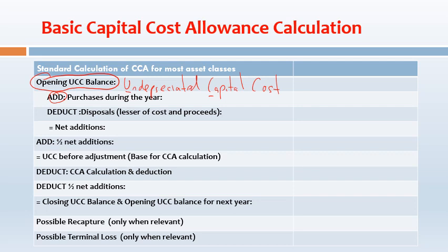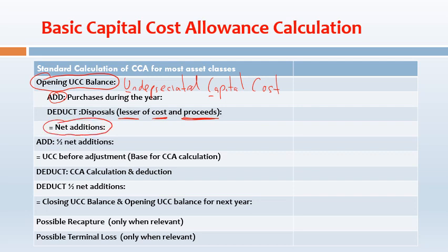Now, disposals are removed or subtracted at the lesser of two different values: the original cost, what was paid for the asset, and the proceeds, or what the asset was sold for. The result of the purchases less the disposals will be your net additions for the year.